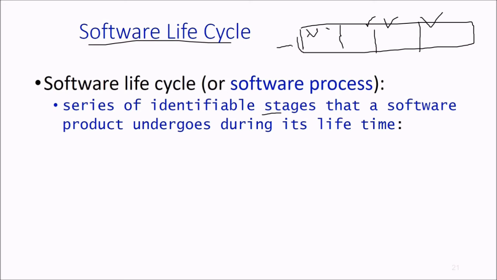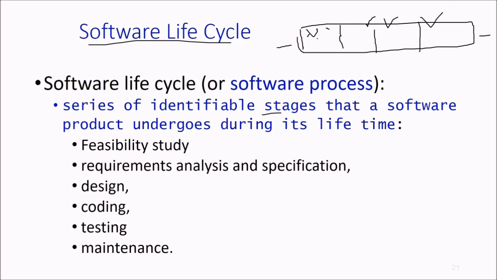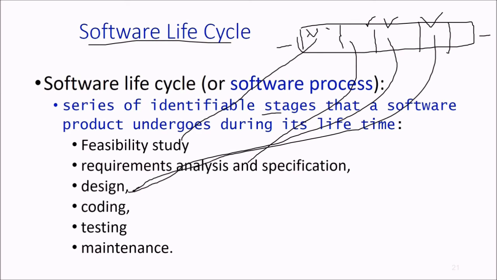Here inception of software takes place, till the time of maintenance, when the software dies or meets its end. This is the life cycle of a software. We start with feasibility study, then requirements analysis and design, then we have design, then coding, then testing, and finally maintenance.